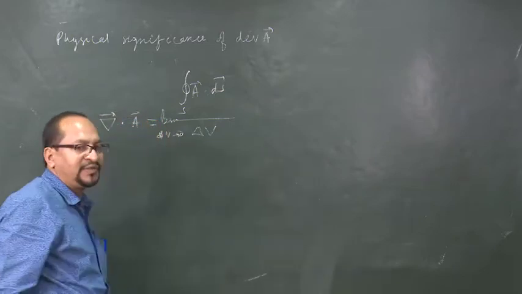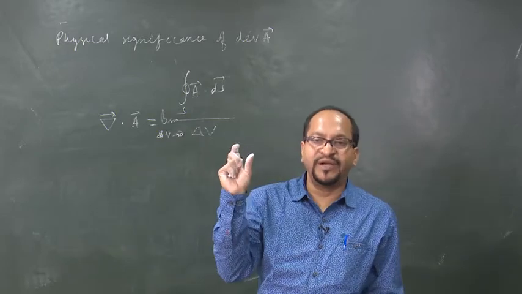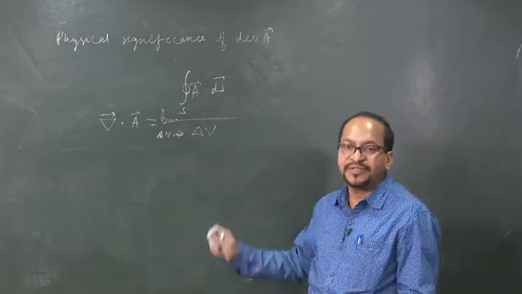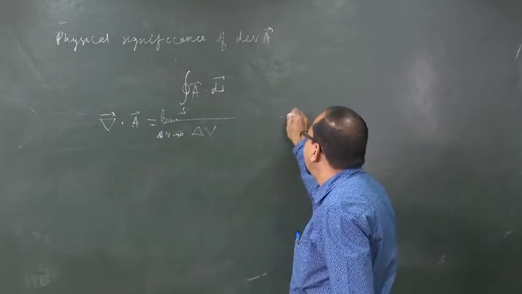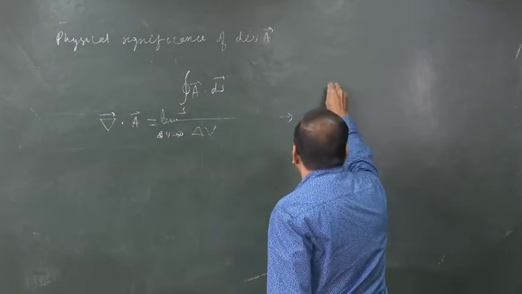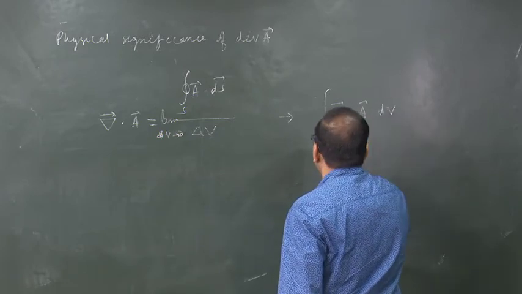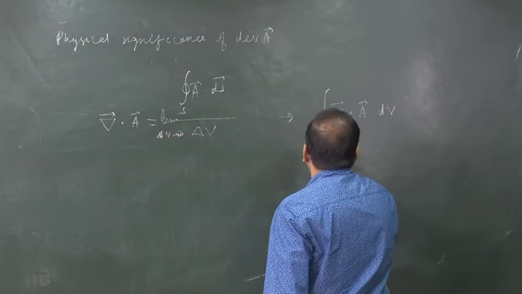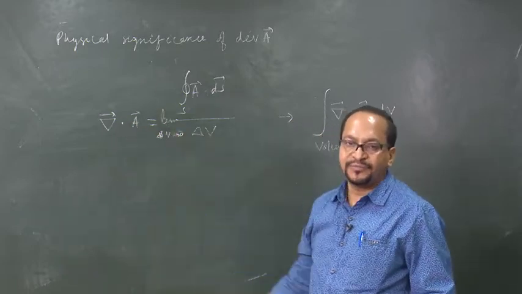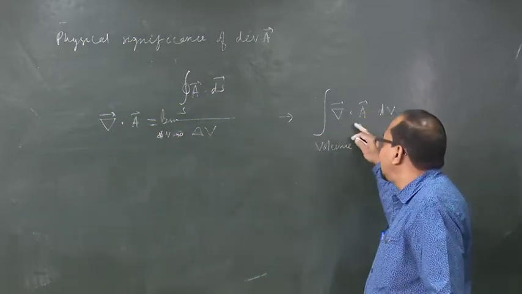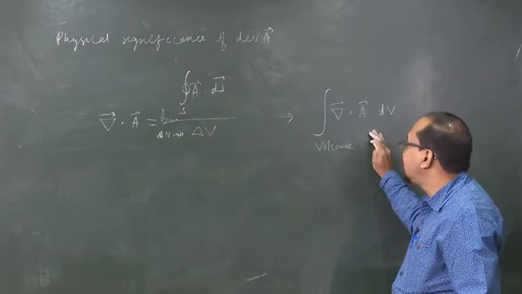If we have an entire closed surface, within that closed surface we divide the volume into a number of small volume elements and sum over all these volume elements, then this becomes the integration of divergence of A over dV, over the volume V. The summation, for infinitesimal volume elements, becomes an integration. And what is this? This is a volume integration.